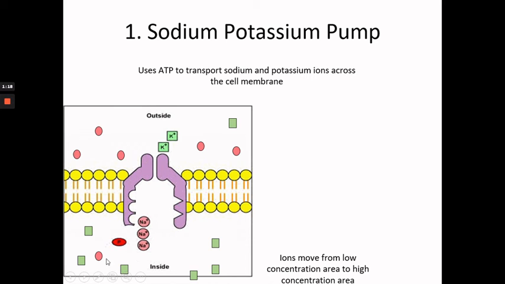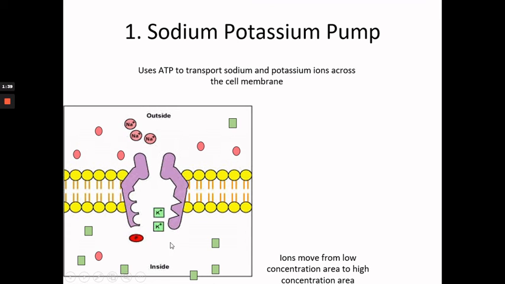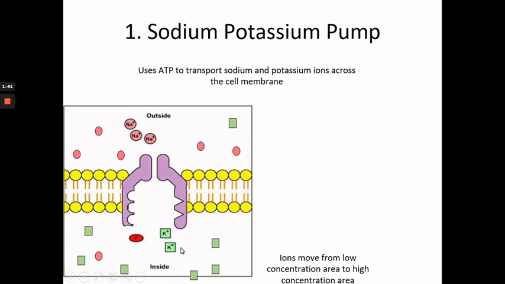Again, the energy is supplied by ATP as 3 sodium ions move from inside to outside the cell against the concentration gradient. We have 2 potassium ions moving into the cell, also against the concentration gradient. This is the sodium-potassium pump.